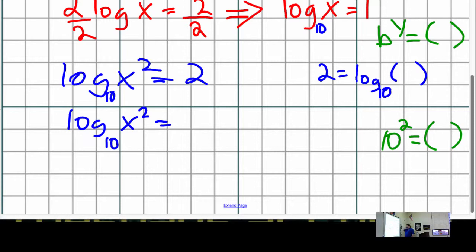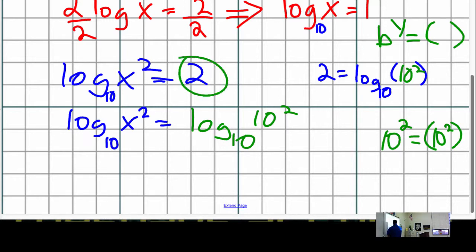Well, what's the stuff? It's just 10 squared, or 100. So I could say log base 10 of 10 squared. That's the same as 2, right? These two things mean the same thing.